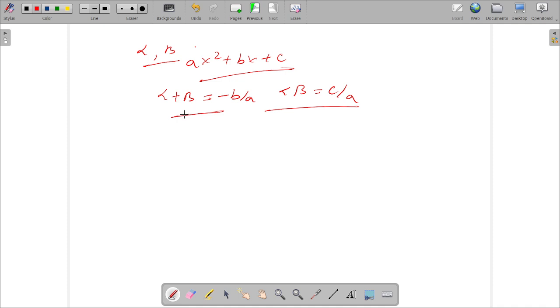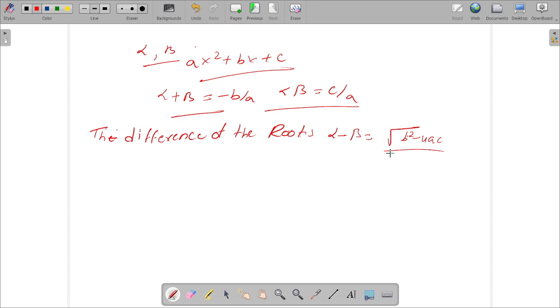Okay, one more different point I raised in the previous short video also. Here you can also learn the difference of the roots, where alpha minus beta can be written as root over b square minus 4ac by 2 by a, mod a, not b, this is mod a.